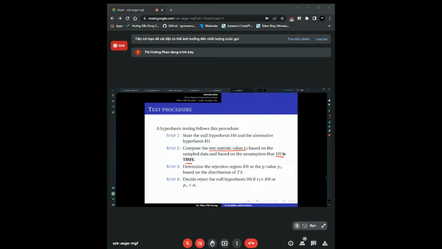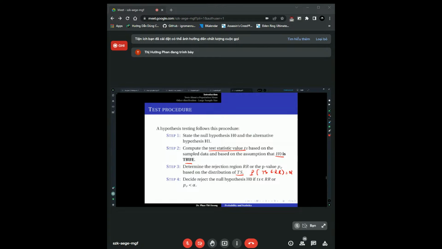Step 3, determine the rejection regions based on the distribution of the test statistic, because we need to solve the equation that the probability of the test statistic belonging to rejected regions is exactly equal to alpha. So we approach rejected regions depending on the distribution of the test statistic.